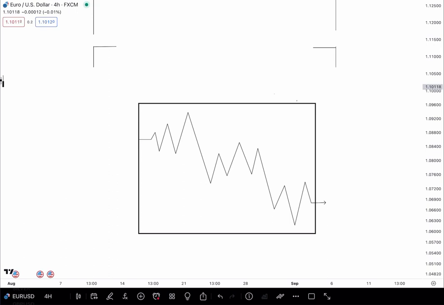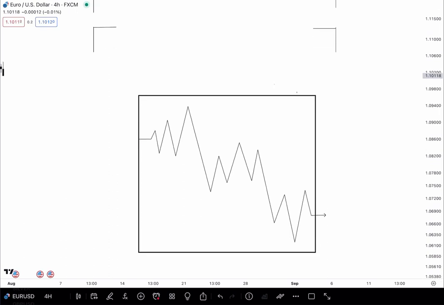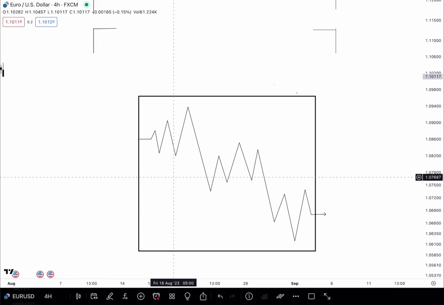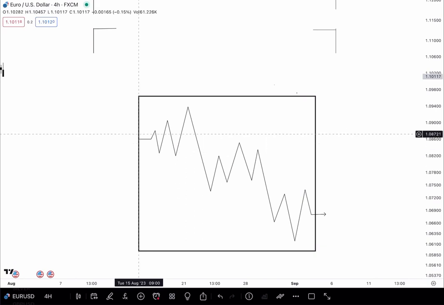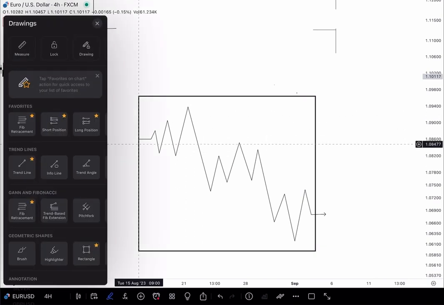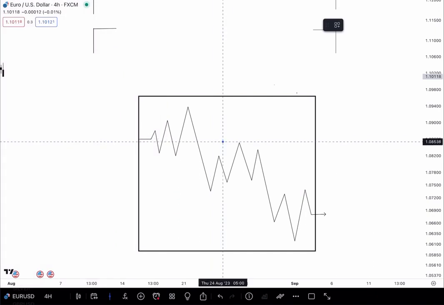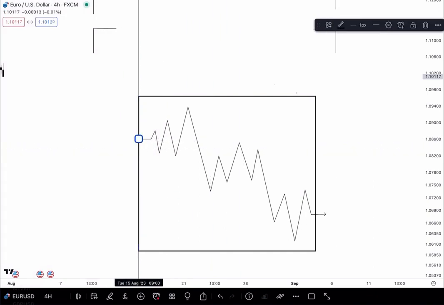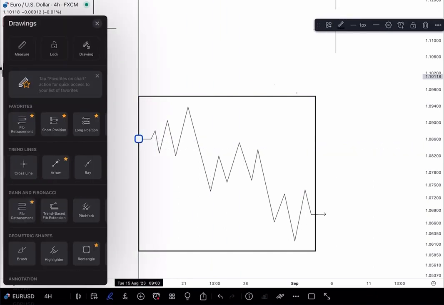So ideally, you're trying to trade a higher time frame candle with this premise in mind, right? Whether it's a daily candle, whether it's a weekly candle, there's a fixed opening time, right? And there's a fixed closing time of the candle.